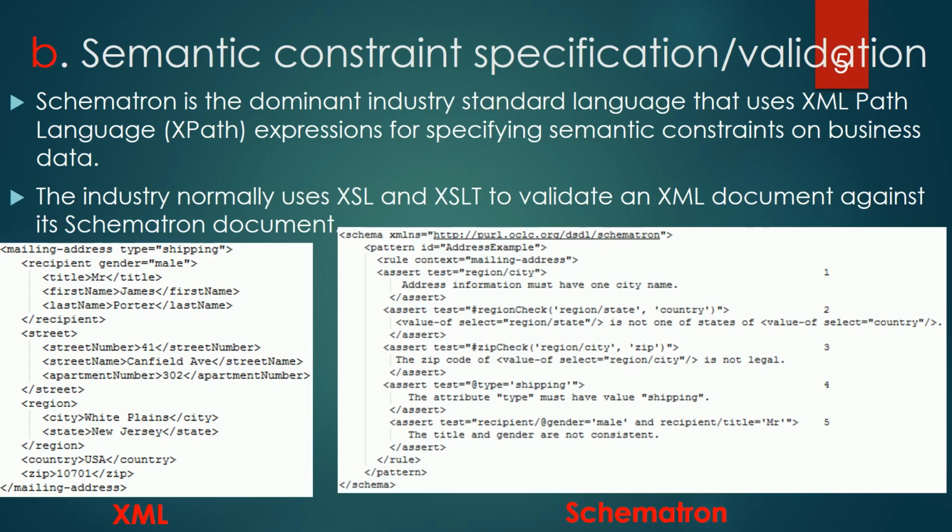Schematron is the dominant industry standard language that uses XPath language expressions for specifying semantic constraints on business data. XPath is a W3C recommendation that uses path expressions to navigate elements and attributes in an XML document.